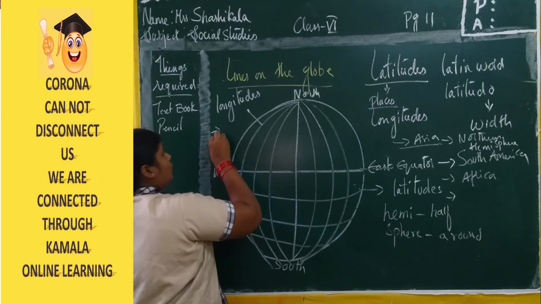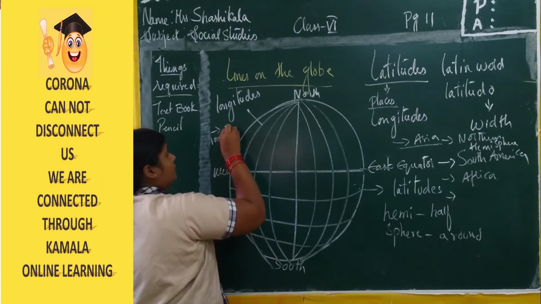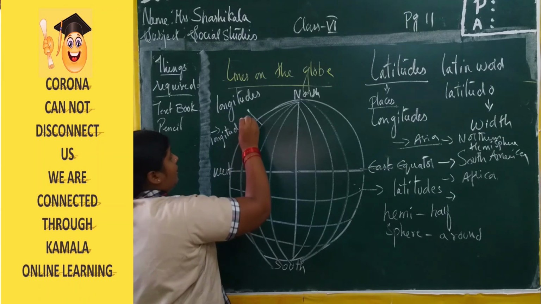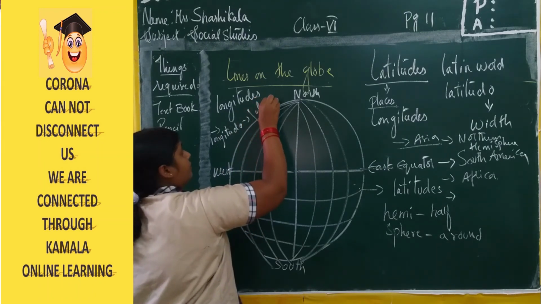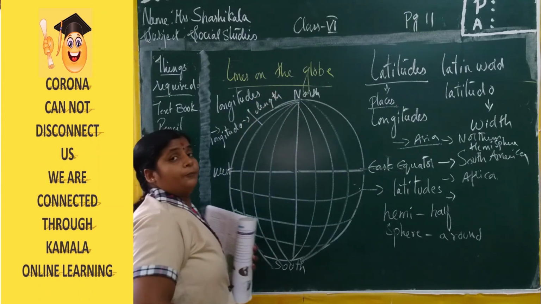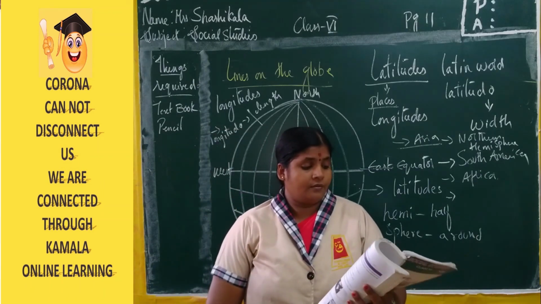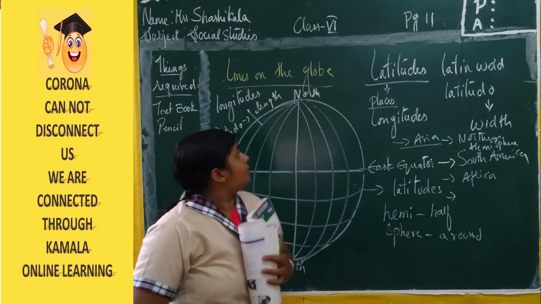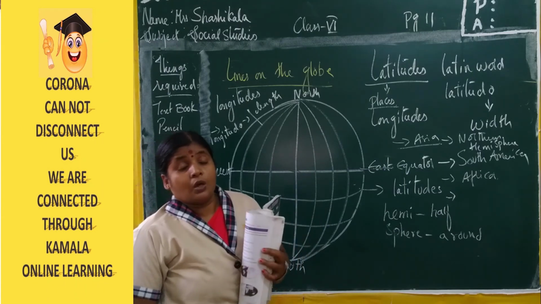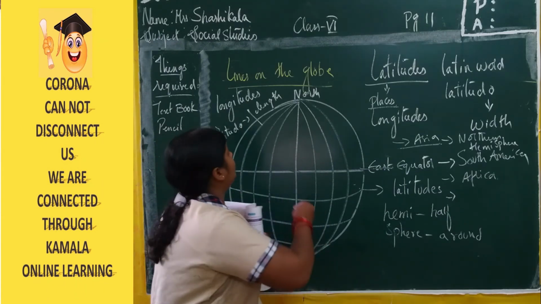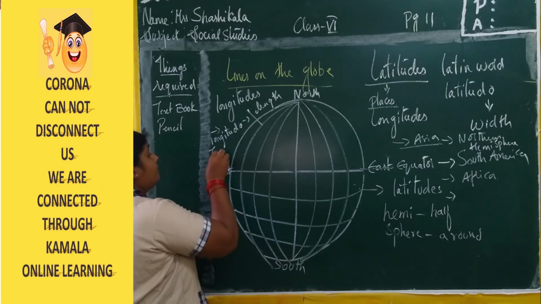Longitude is a Latin word meaning length, and it measures the length of the area. And the best use of the longitudes, how they are helpful for us, it helps to know about the time.